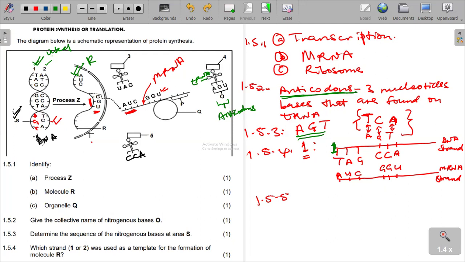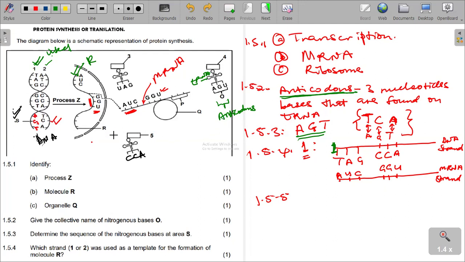So what is the nitrogen base that must complete P? Molecule 1 is this one, and we have AGT.